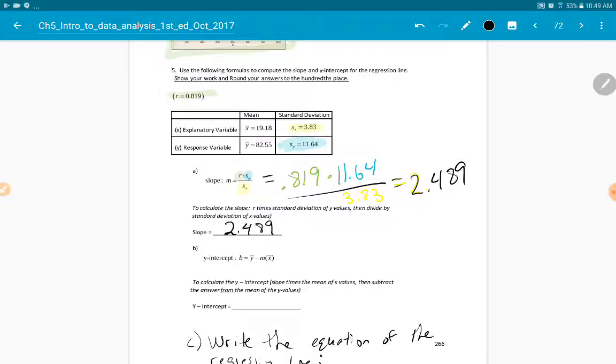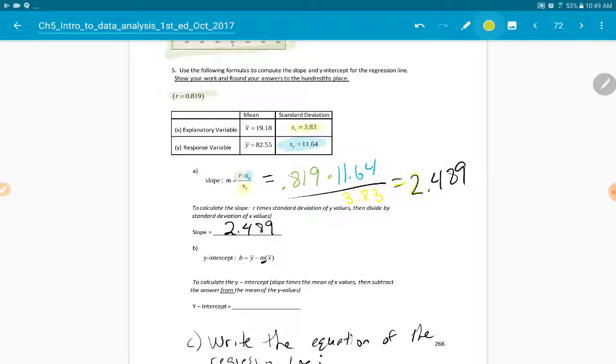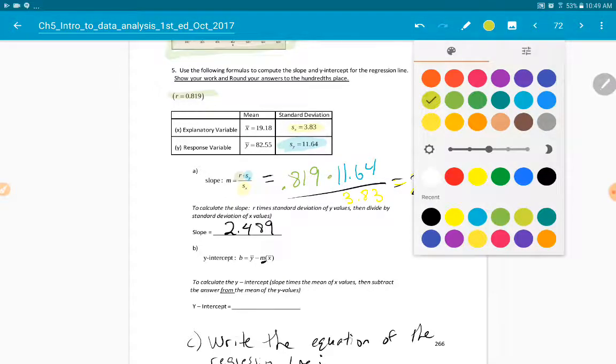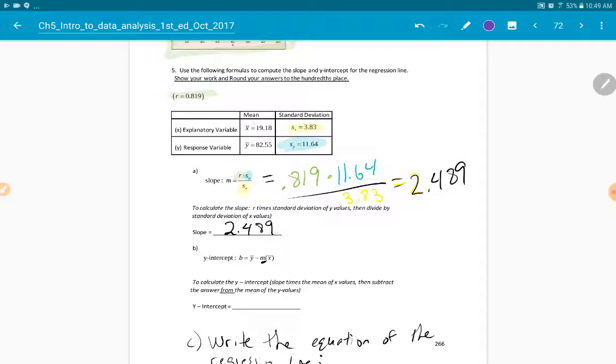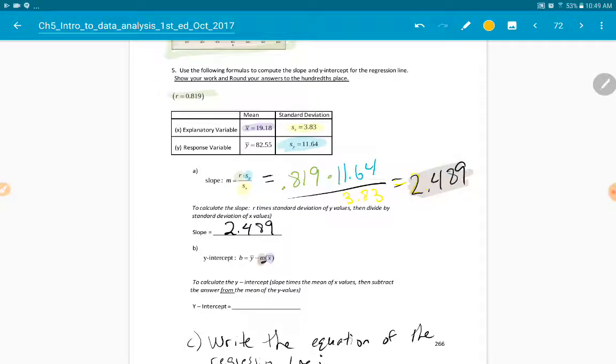Okay, the y-intercept. Now I have the slope, so I'm going to plug that in for this m here. And I have x bar and y bar given to me in the table. So we'll put x bar in purple. Slope is the thing we found up here, so that's going to be this. And the y bar, that's the mean of y, we'll do in orange.